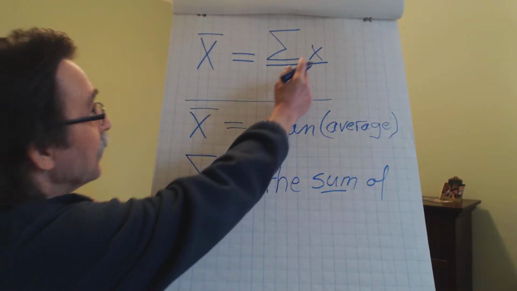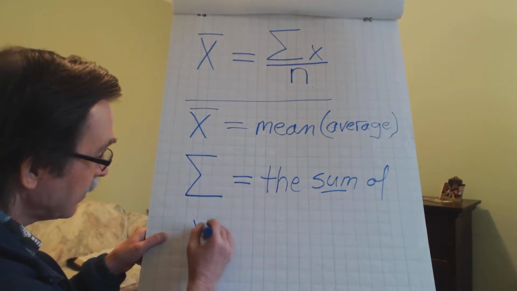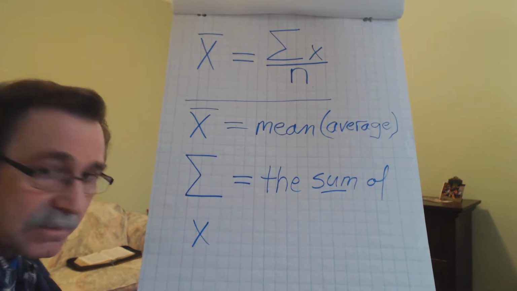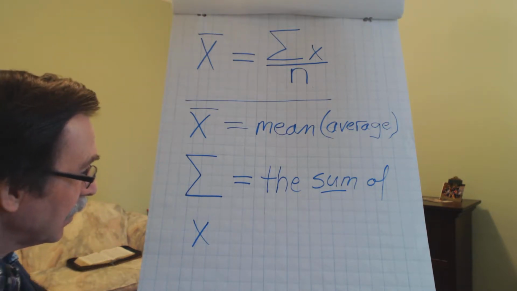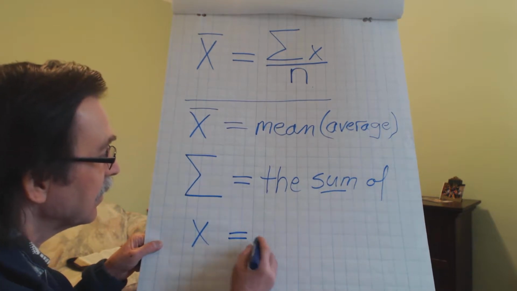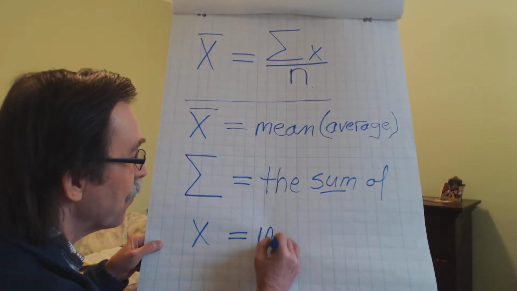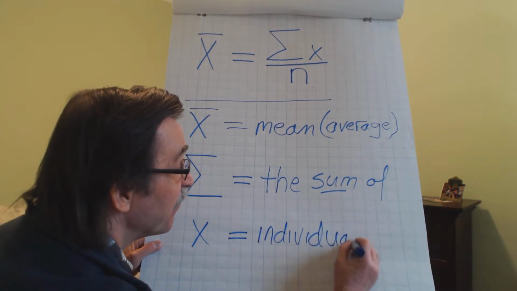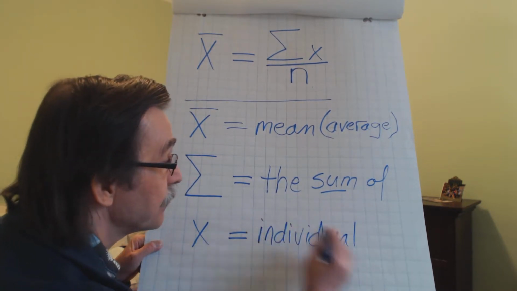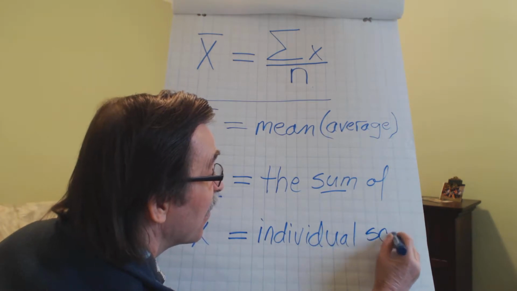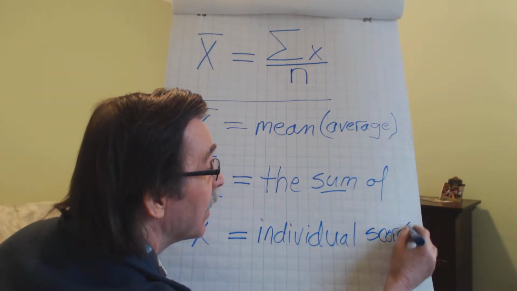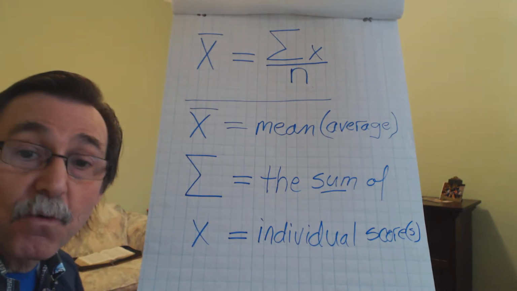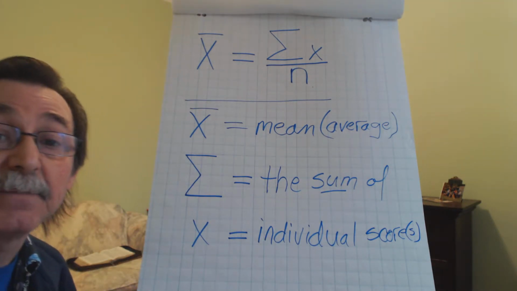Now, this other one, the one that I have up here, this x doesn't have a bar, and this just represents an individual score. And I think I might even put in individual score or scores, okay?